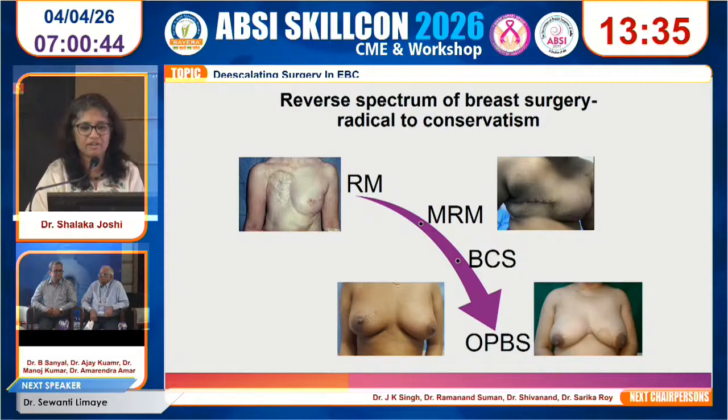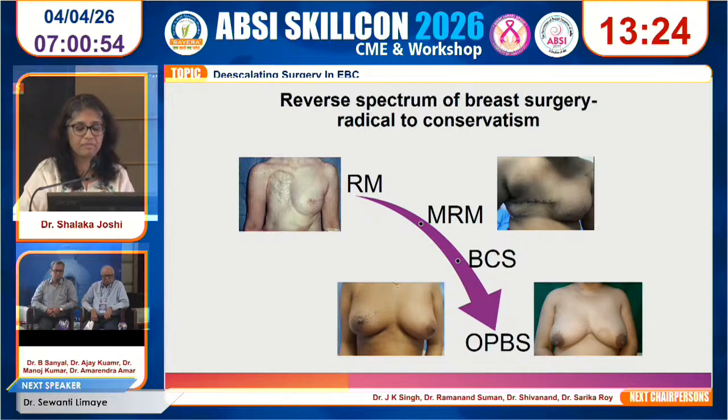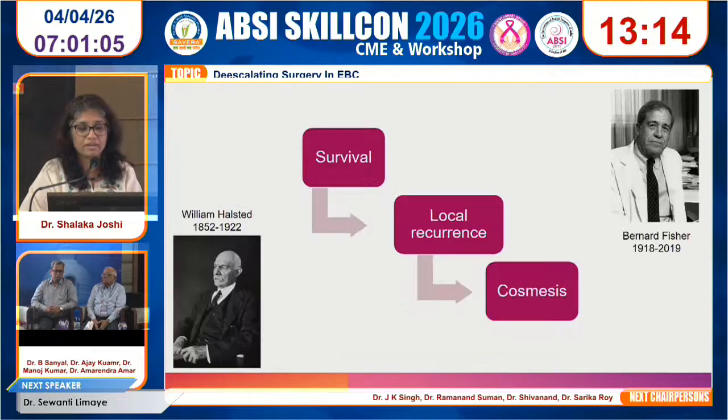And of course the whole aim is to help the patients eventually. So this is the spectrum that we have seen, from radical mastectomy, that's Halsted's photo, that's not even mine, and then modified radical, where there is functional preservation of important structures of the chest wall, where you have better functional outcomes. Then oncoplastic surgery, where it's not about evidence now, but about bettering the cosmetic outcomes of breast cancer patients.